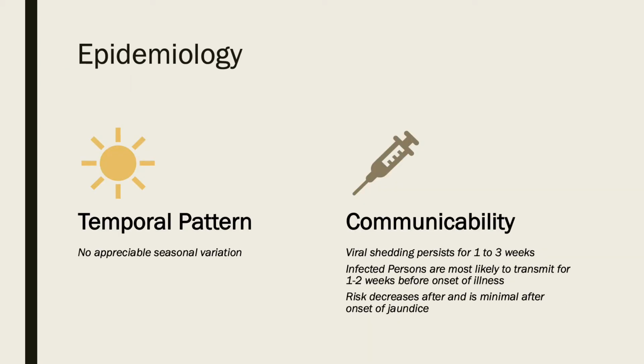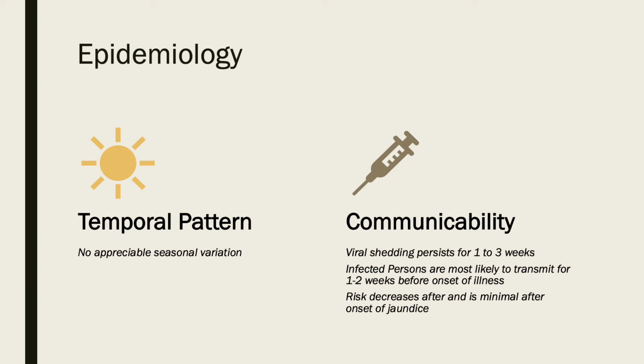Continuing on with epidemiology, temporal pattern: there is no appreciable seasonal variation. This is important when trying to understand a virus and how it covers the rest of the world. And communicability: the viral shedding persists for 1 to 3 weeks. Infected persons are most likely to transmit for 1 to 2 weeks before onset of illness.